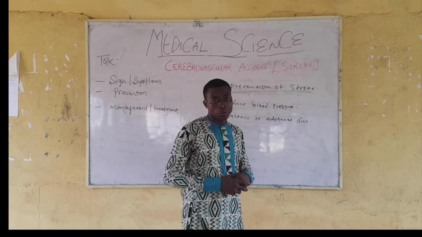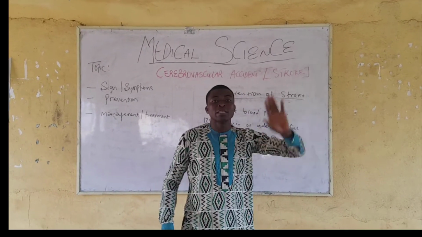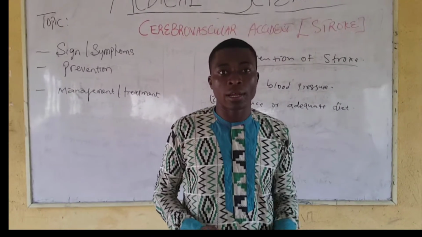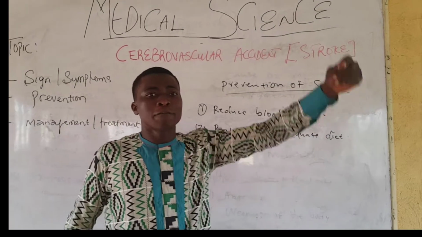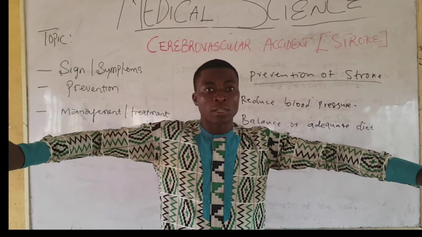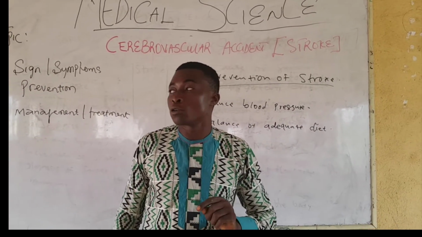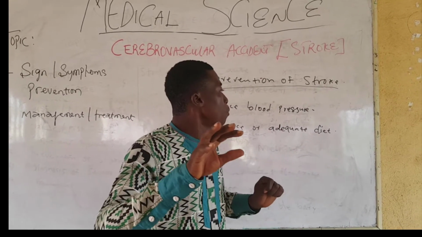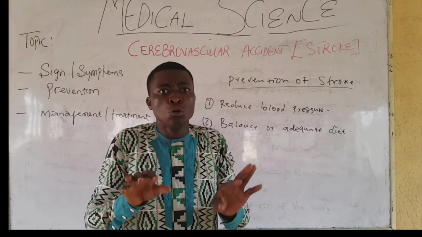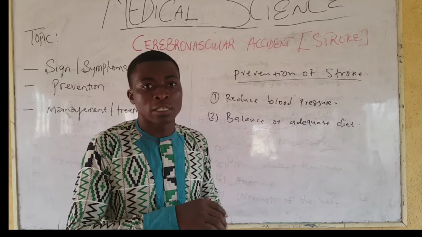Let me tell you one thing about salt. Salt is one of the materials majorly found in electrolytes, like sodium. The chemical name of salt is sodium chloride. Now, this chloride affects or stimulates the vasodilators that expand the blood vessels, that expand the arteries. That is why if somebody has low blood pressure, when you take the person to the clinic, do you know what the doctor does first?